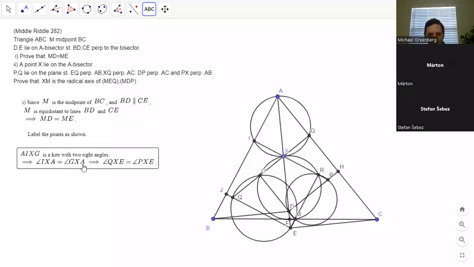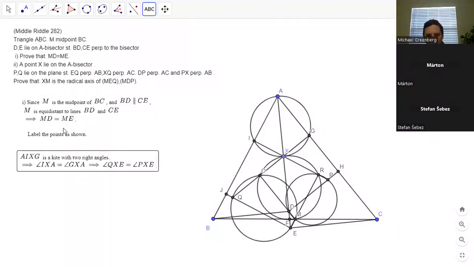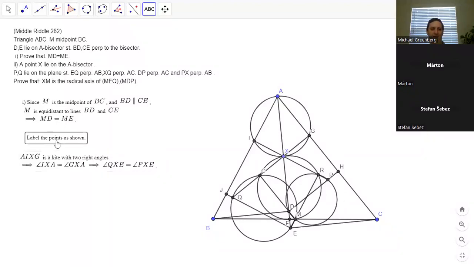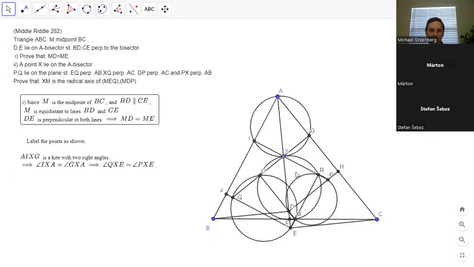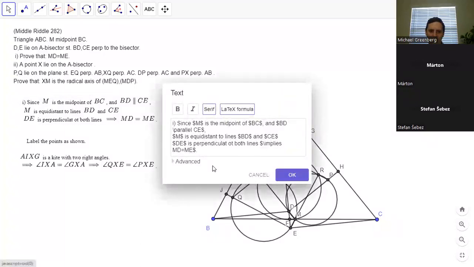Well, DE is also perpendicular to these two lines. Oh, that's right. If we were to project M orthogonally to the lines, then it's obvious. It's because DE is perpendicular to both lines. Yeah. All right.